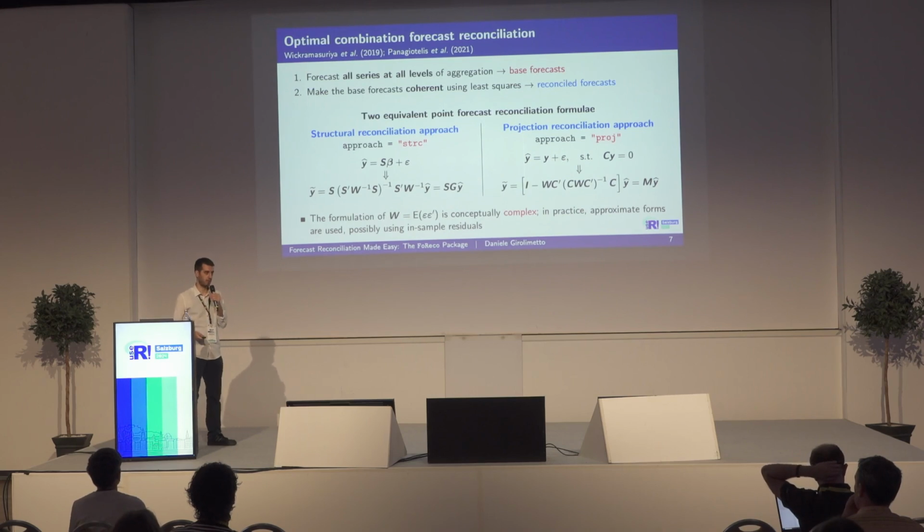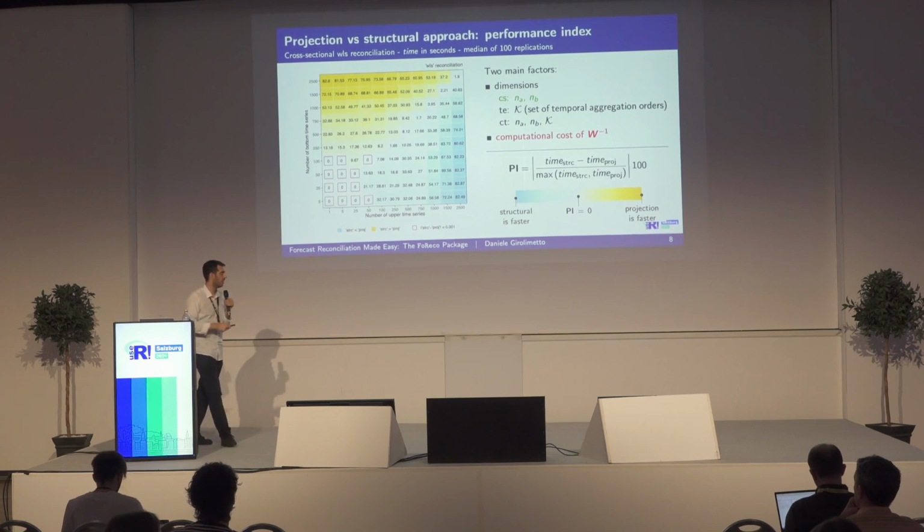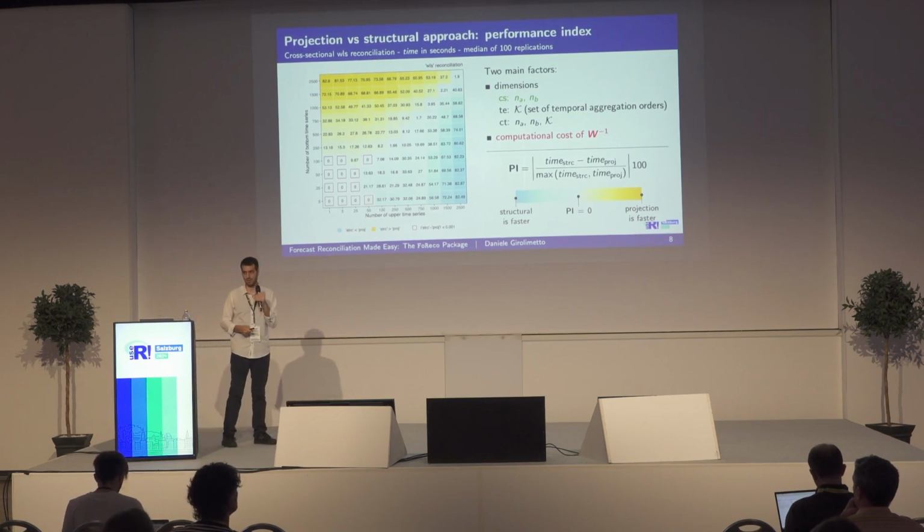When we have a diagonal form, this computational time can be omitted. In some sense, when we have to choose between the structural or the projection approach, the idea is that when the number of upper time series is increasing, the structural approach is faster. If the number of bottom time series is increasing, the projection is faster.